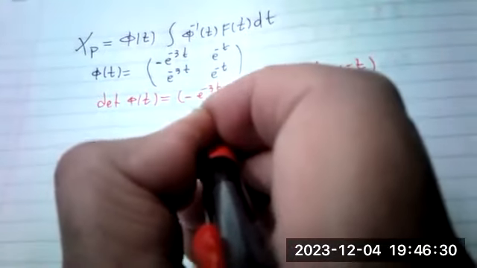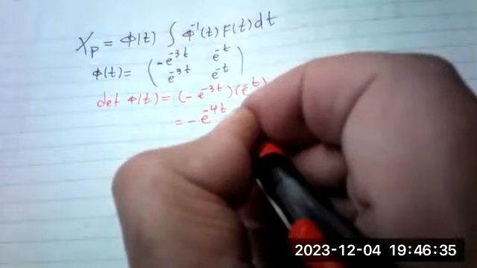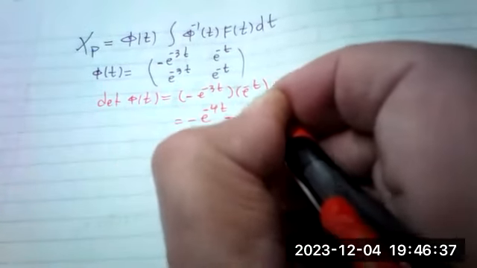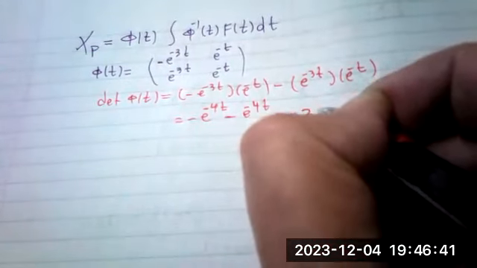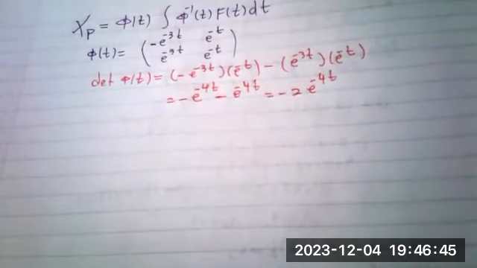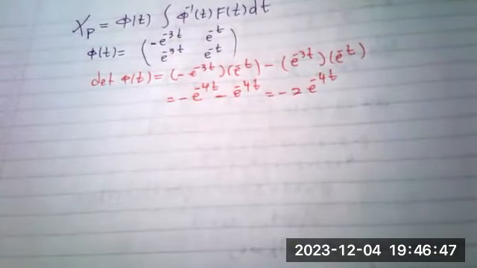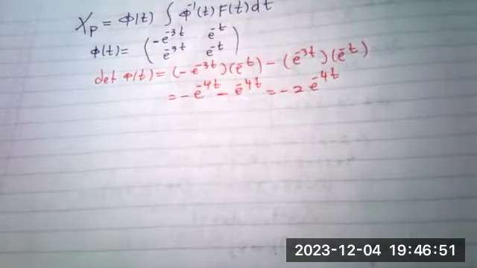So this is going to be minus e to the negative 4t, and this is going to be minus e to the negative 4t. So the result will be negative 2 e to the negative 4t. It's like the one you did before. So that's going to be the determinant of Φ(t).